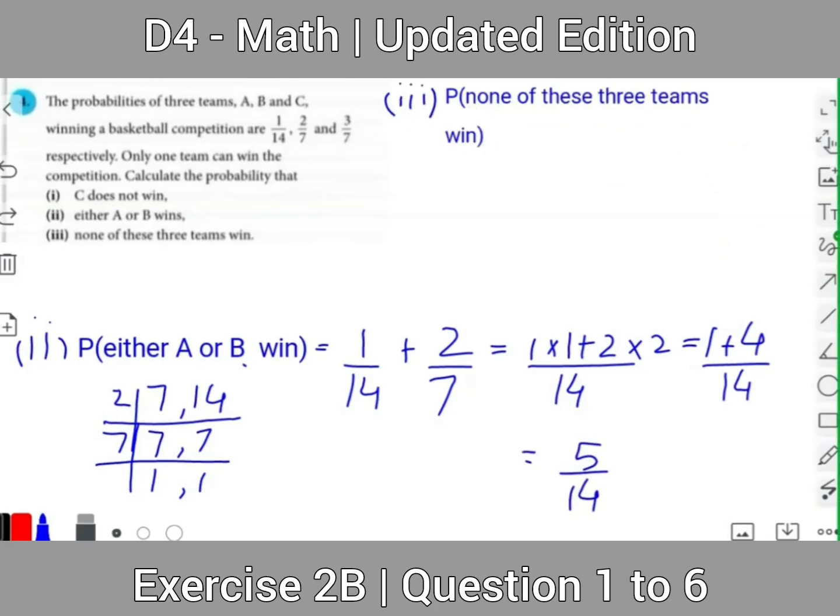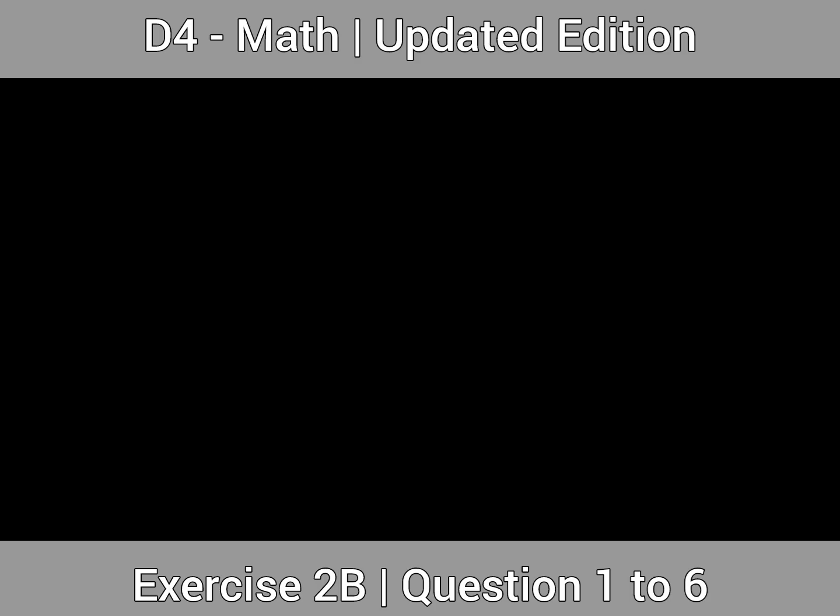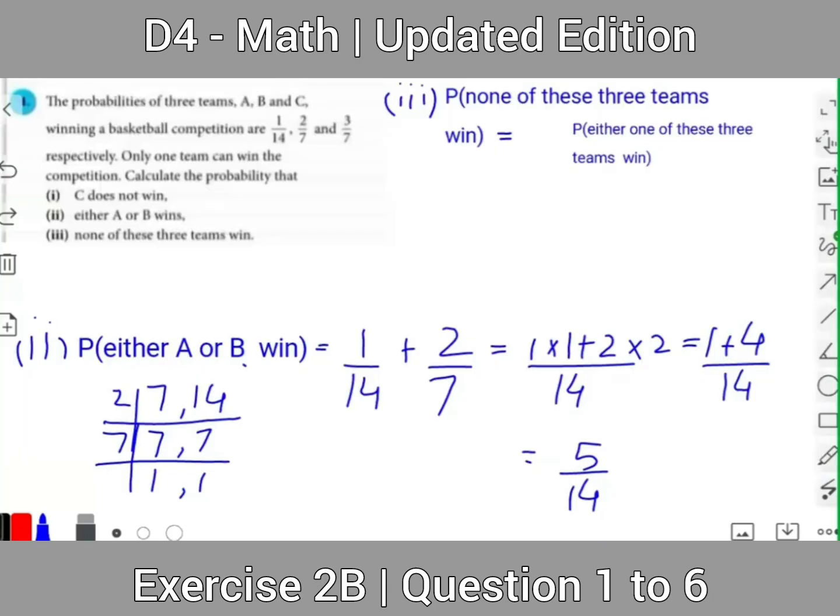In part 3, we have to find out the probability that none of these 3 teams win. We can find this by simply subtracting the probability that any one of these 3 teams wins from 1.